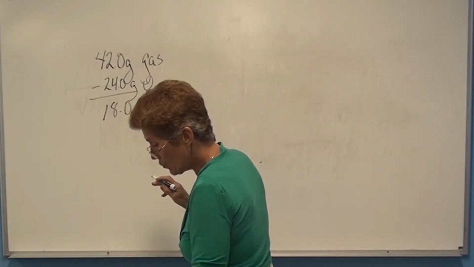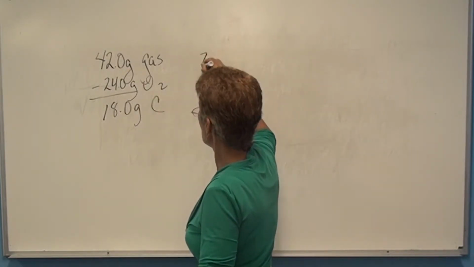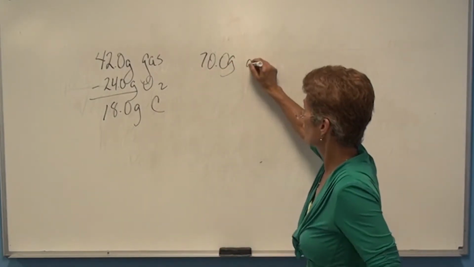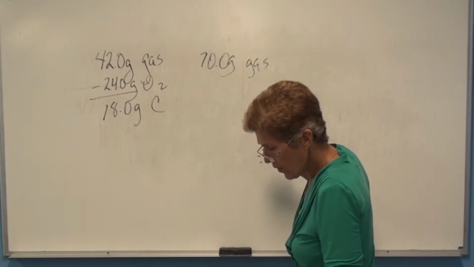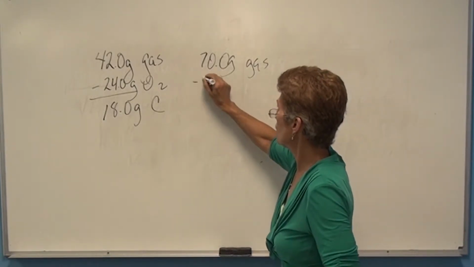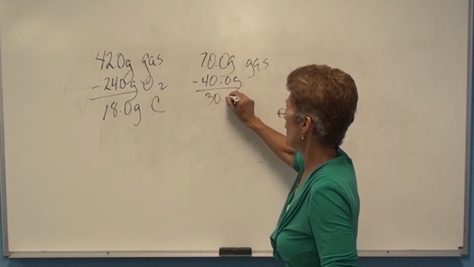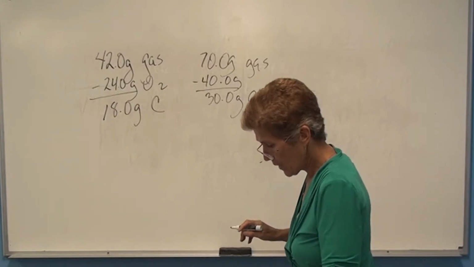Okay, on the next one, we have 70 grams of gas. And we have, let's see, 40 grams of oxygen. So it's 30 grams of carbon, right?